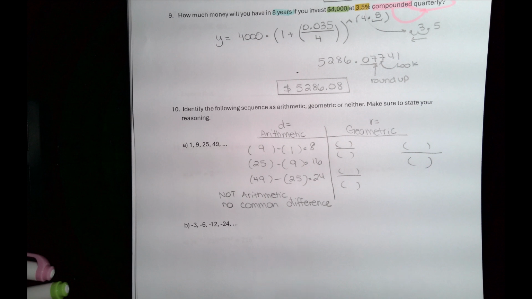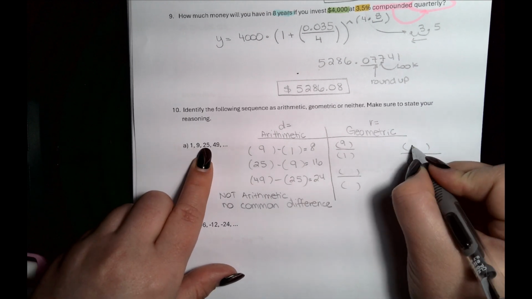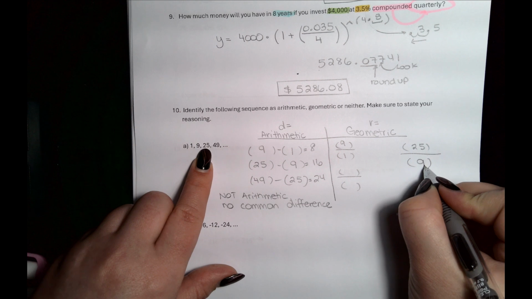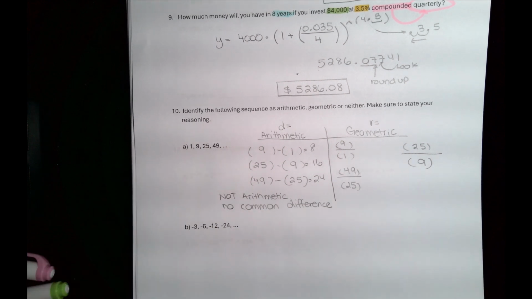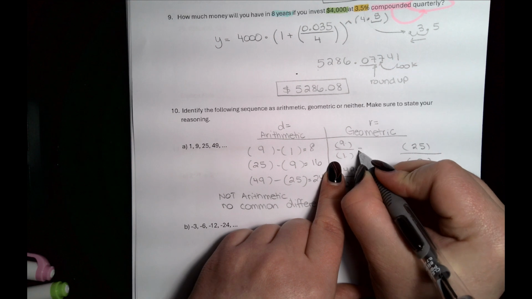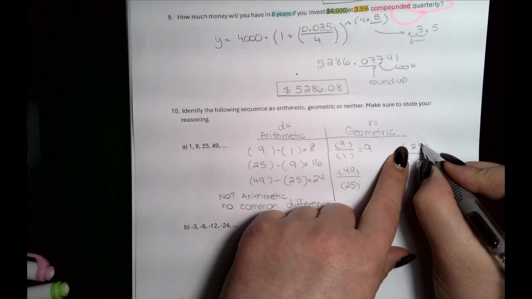So now that means we're going to check our right divided by our left, our right divided by our left, our right divided by our left, and our right divided by our left. 9 divided by 1 is 9. 25 divided by 9, this is 5 times 5.